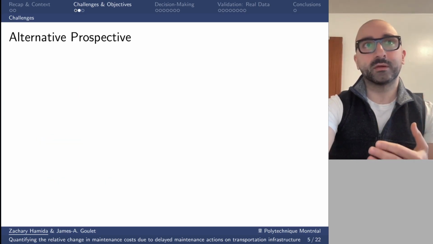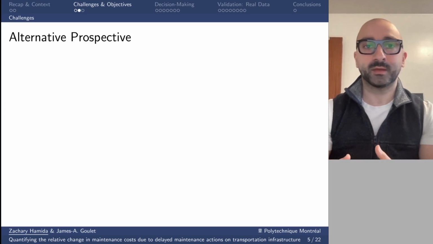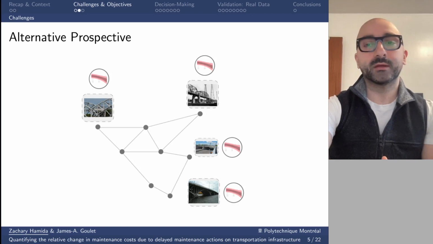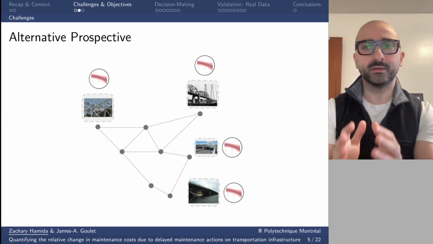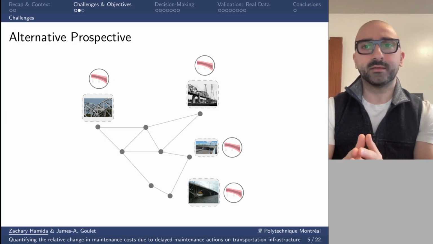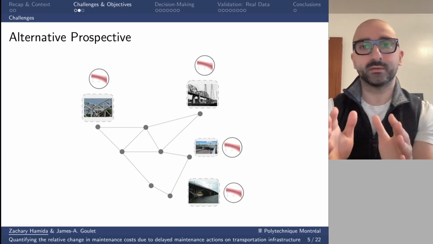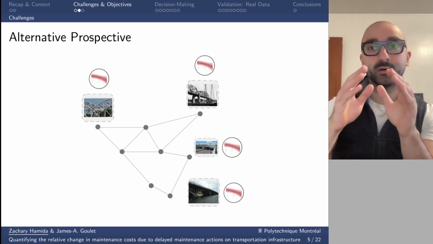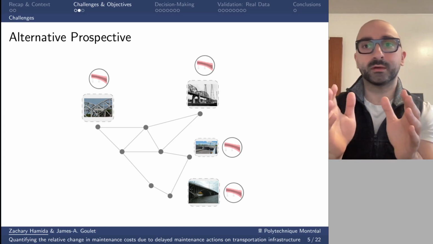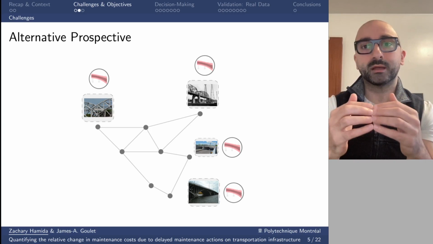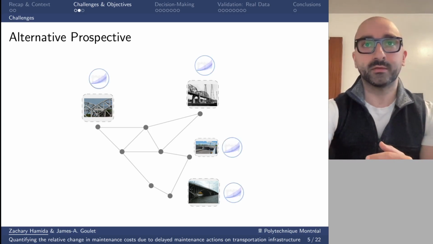So what we are doing in this research work is offering an alternative perspective. We have this network. Instead of seeking to have a full decision-making framework that would identify an optimal unique policy for this network, why don't we examine the incurred penalties?